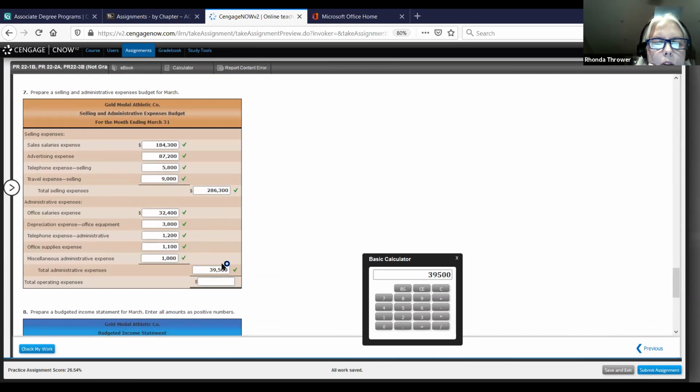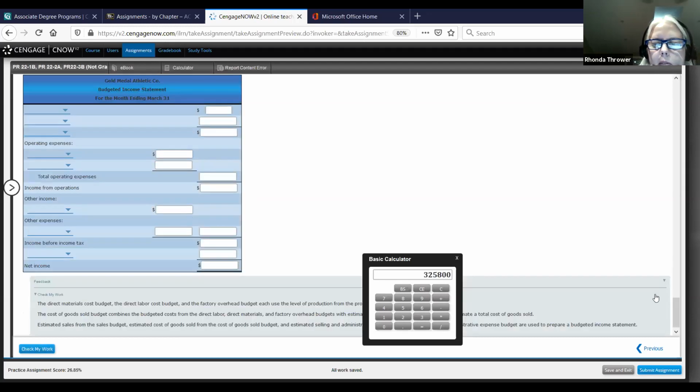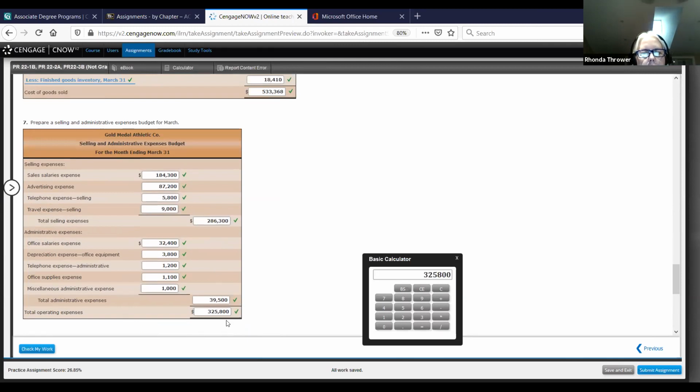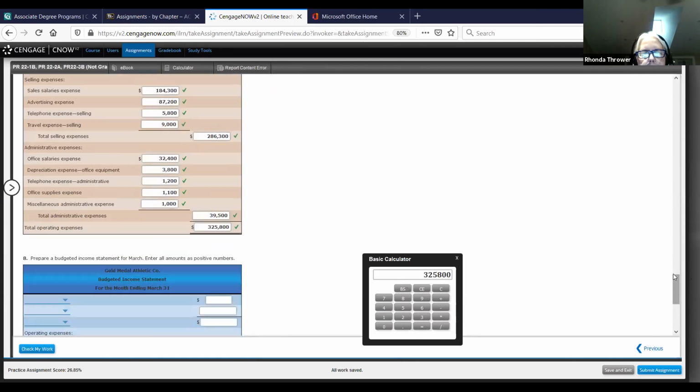And then we're going to combine the two of these together to get our operating expenses. And check your work again. And this is the total of your operating expenses.